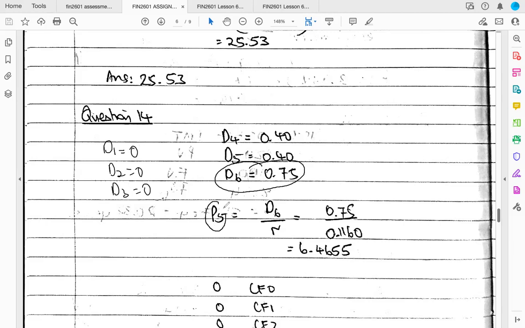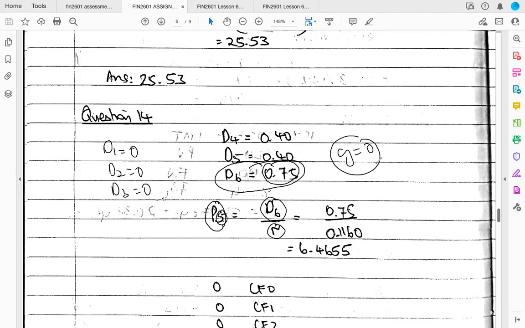And then the price in the year before the last dividend, like the price at time 5, is just going to be equal to the dividend at time 6 divided by the required return. Remember here, our dividend is going to remain the same as 0.75. So our growth rate is 0. So we have a constant dividend from year 6 going forward. Our growth rate is 0.